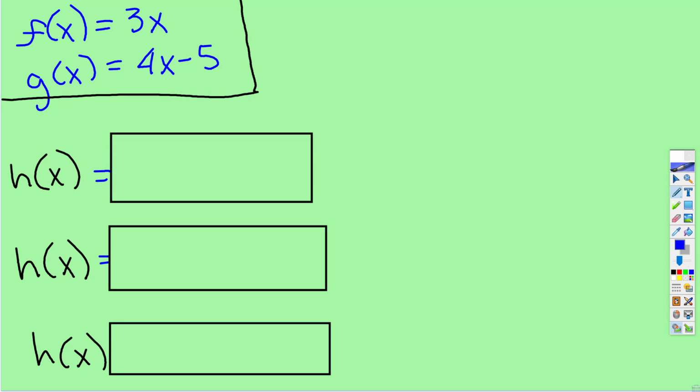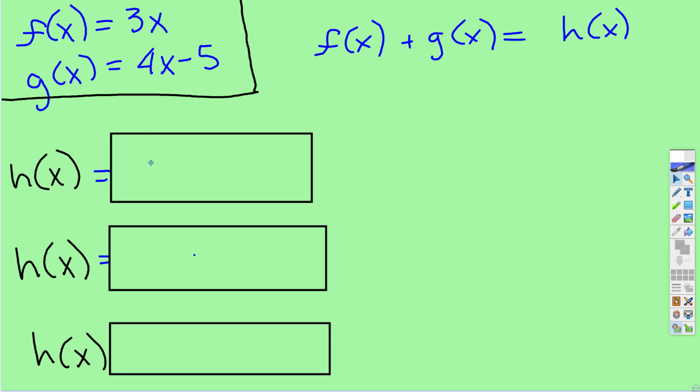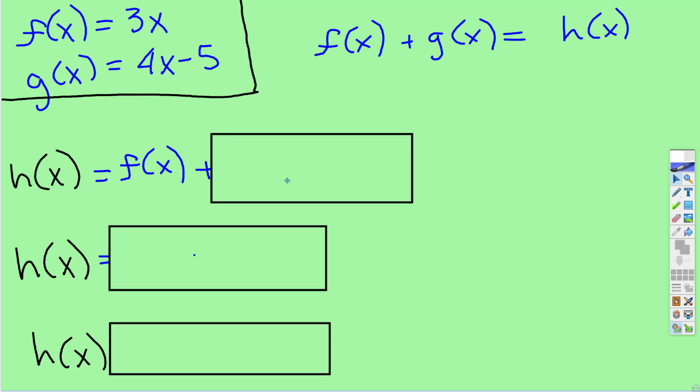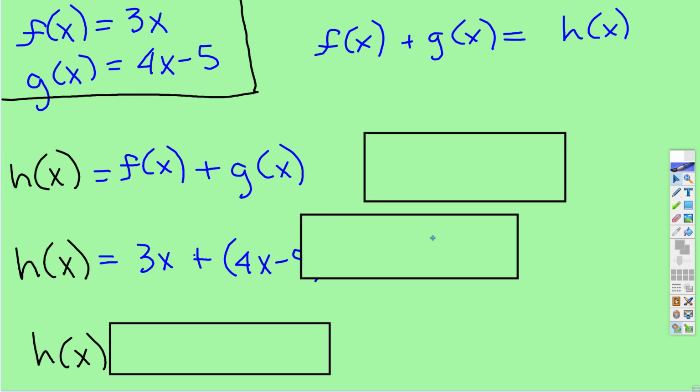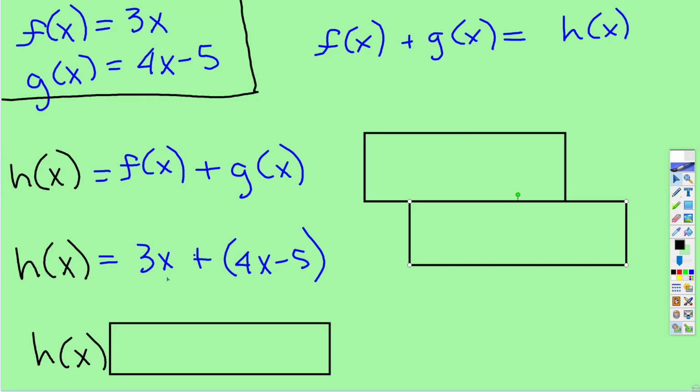So if we said that f of x is 3x, g of x is 4x subtract 5, and I asked you to add those two functions together, well, the result would be a new function that we're going to call h of x. So f of x plus g of x, 3x plus 4x minus 5.